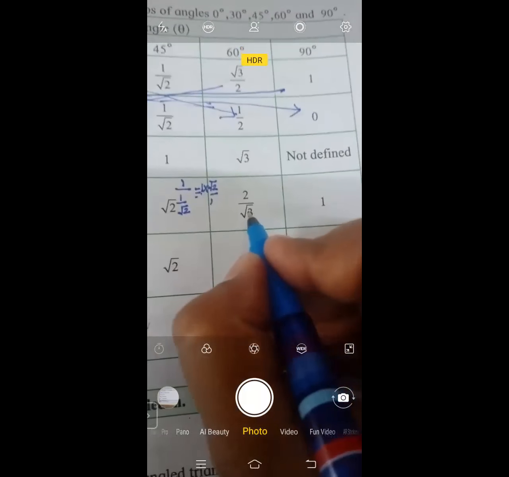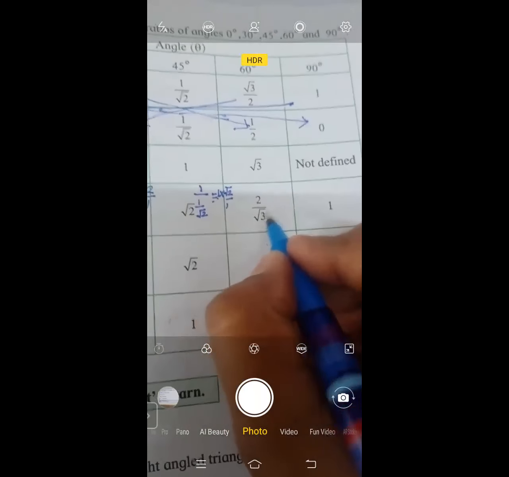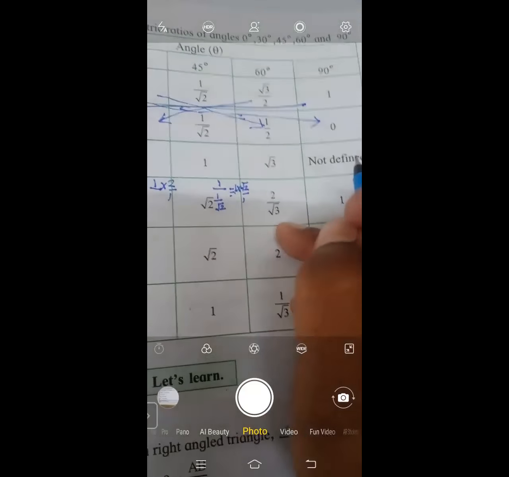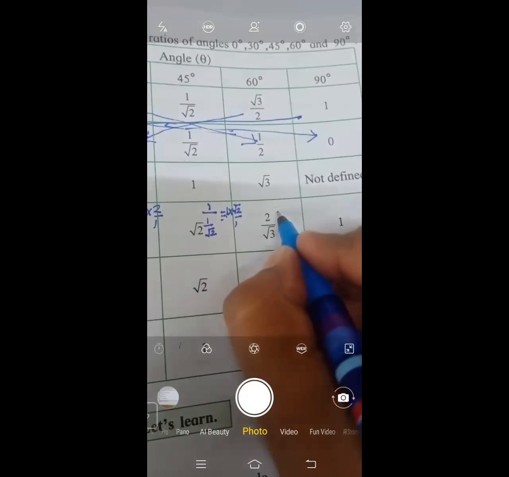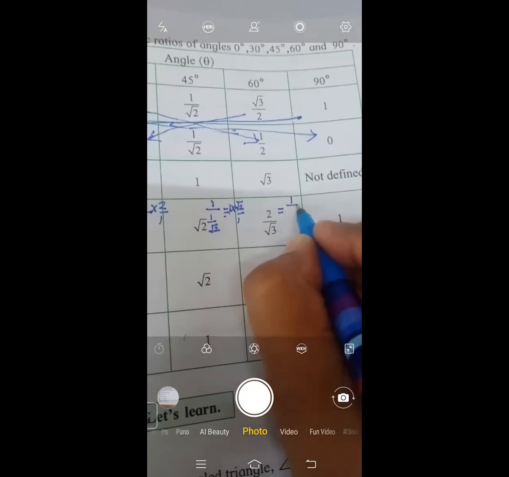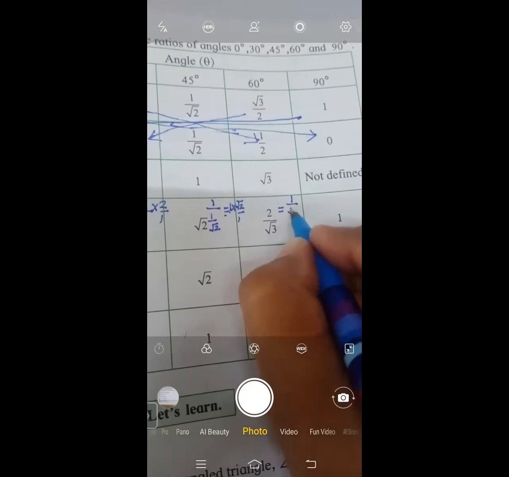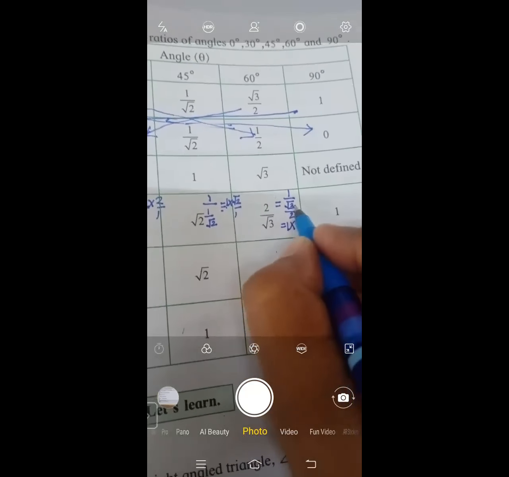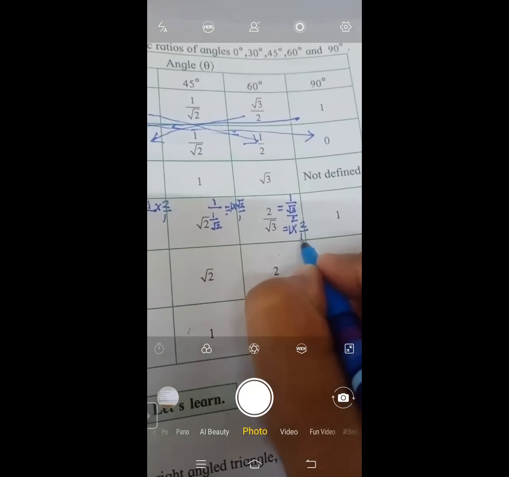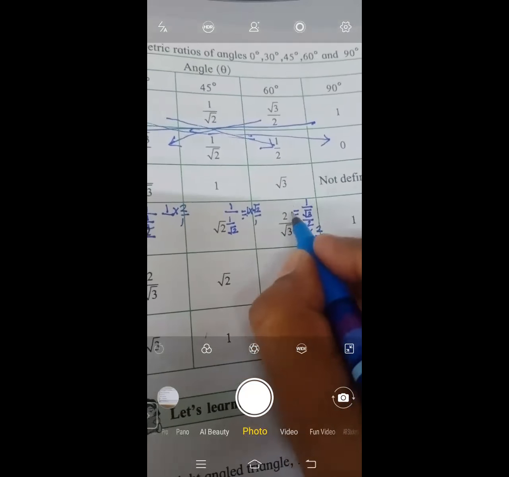After that, this is for cosec 60 degree. Cosec 60 degree is equal to 1 upon sin 60 degree. The value for sin 60 is root 3 upon 2. So it will be 1 into the reciprocal of the denominator, which is 2 upon root 3. The answer is 2 upon root 3.